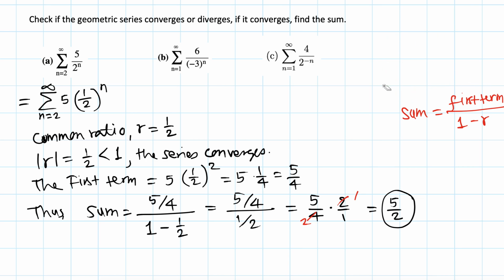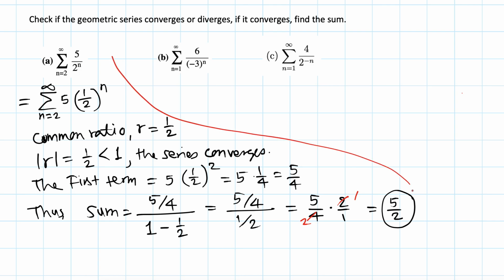So we need to write it in the same form, some number r raised to n. Again, it's -3 to the n on the bottom, so it's similar to part A. So this one is n from 1 through infinity, 6 on the top, times 1 over -3 to the n.